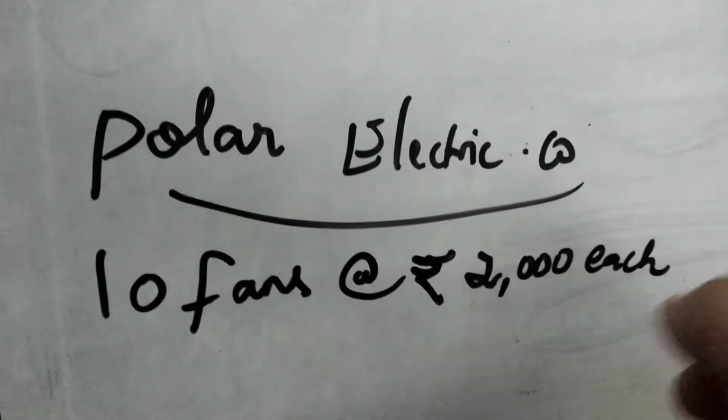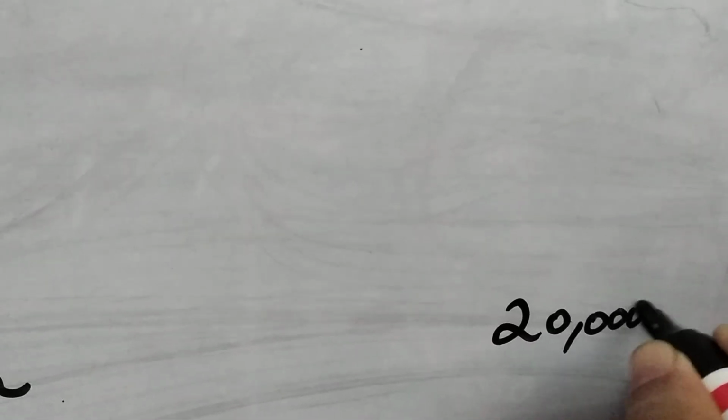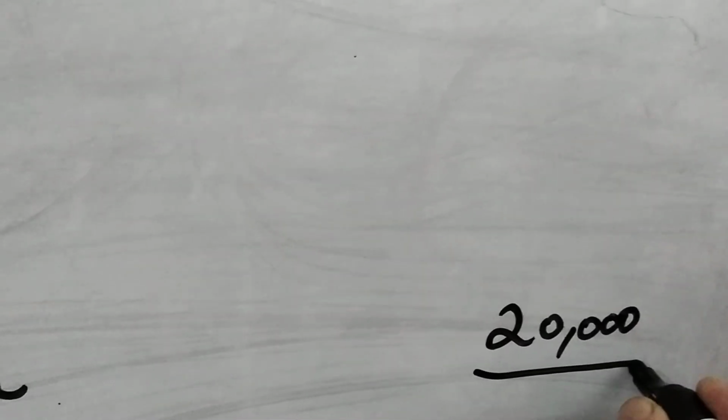Ten into 2,000, 20,000. You don't have anything else, so draw a line and put the total in the outer column.